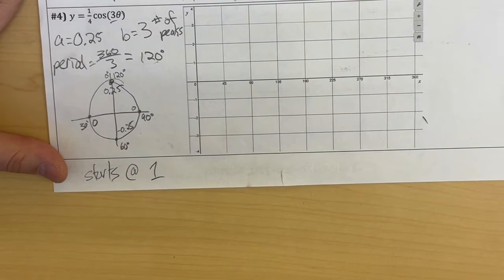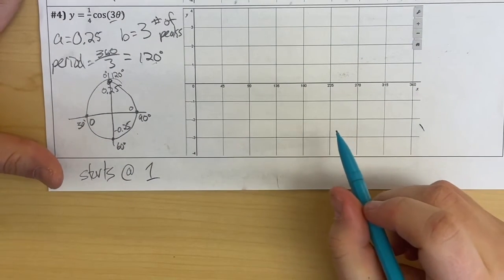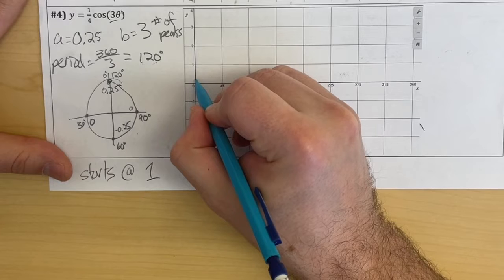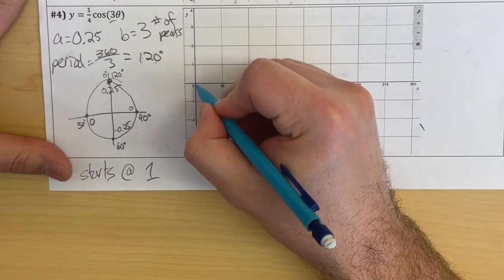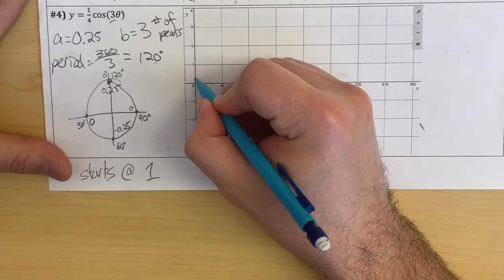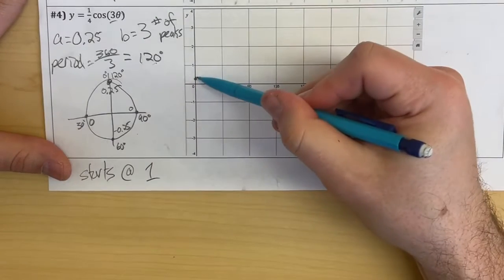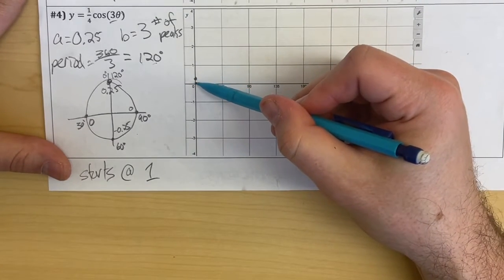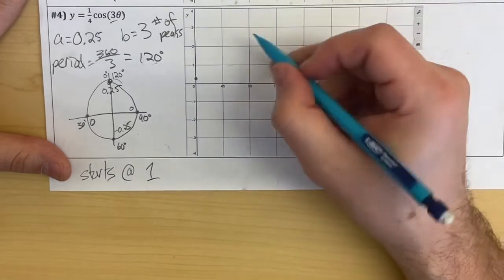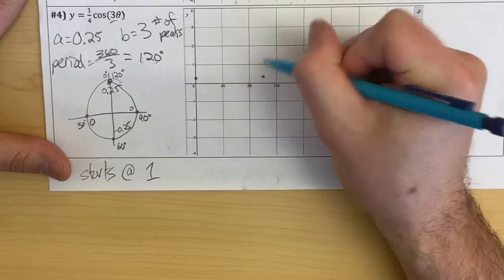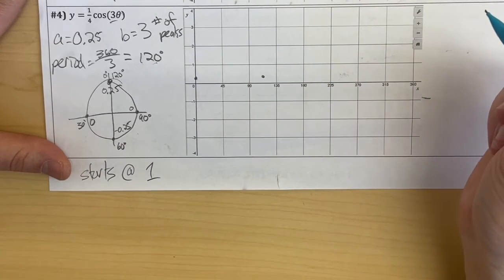All right, so again, we said our start and end point has to be the same. You can have, in between 0 and 1, is where we're working, about 1/4. We're going to say it's about right there, about 1/4 positive, and then at 120 degrees, which is about right there, is going to be our end point.